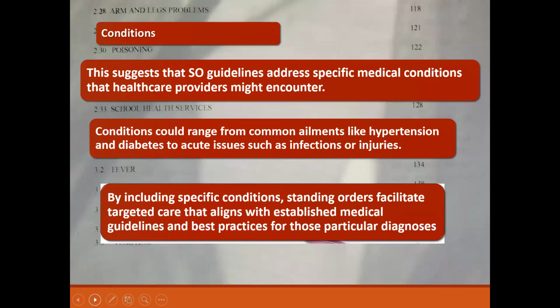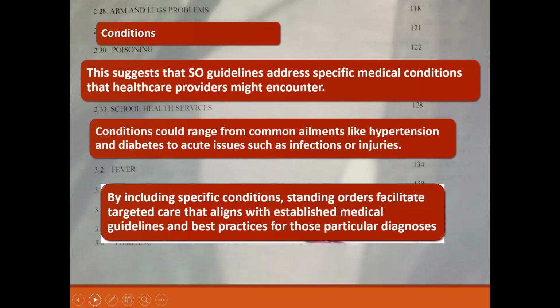Then conditions. According to the definition, it's arranged by age groups and conditions. This suggests that the standing orders guidelines address specific medical conditions that the healthcare provider might encounter at specific times.